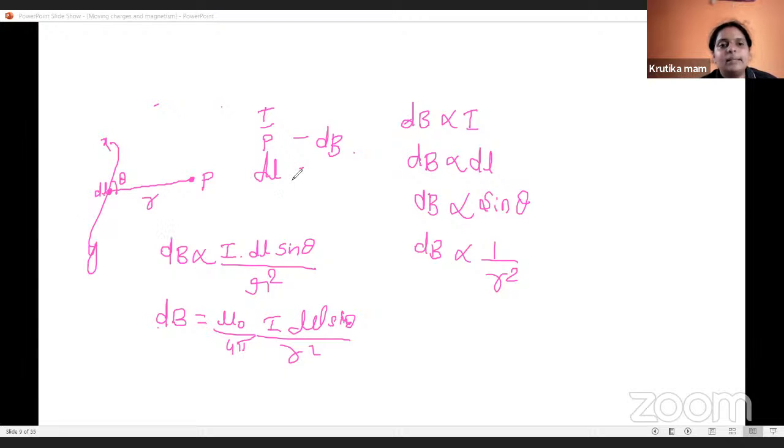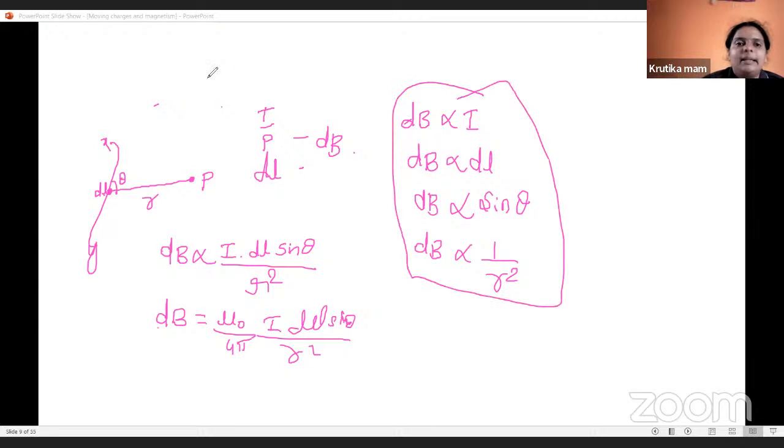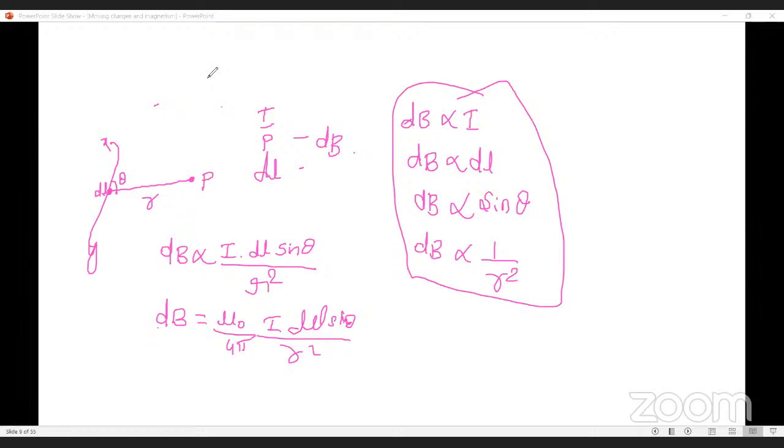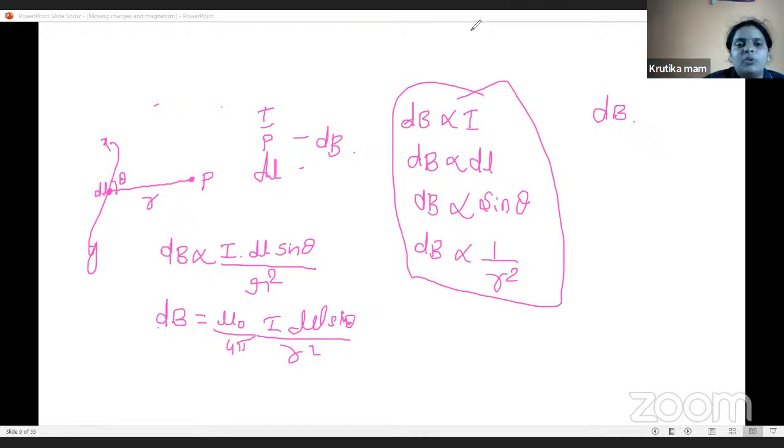So you saw the formula. Now what does the statement say? When we write the statement, we are actually writing these four factors only. The statement is defined as: the magnitude of the magnetic field dB at point P is directly proportional to the current, directly proportional to the length of the current element, directly proportional to the sine of the angle between the point P and the current element, and inversely proportional to the square of the distance between the point P and the current element.